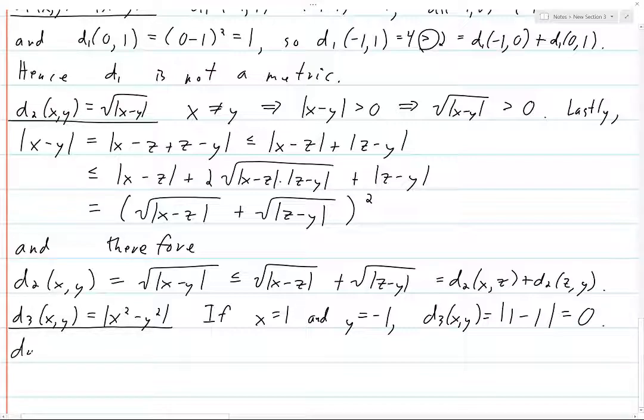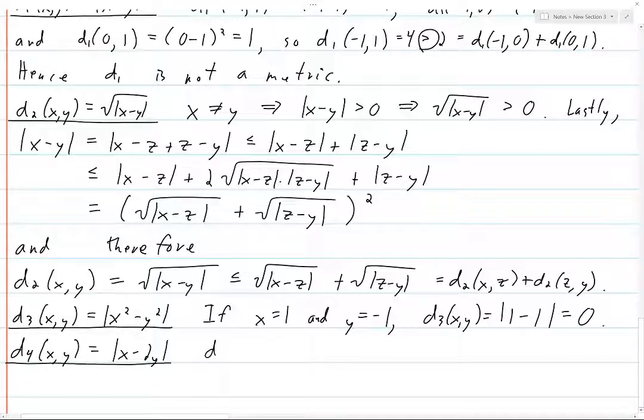Okay, so that's D3. D4 of xy. Here, this is the norm of x minus 2y. And this should already, having nothing in front of x and something in front of y, should immediately set off a red flag because metrics are supposed to be symmetric in some sense. Well, literally, if you flip the x and the y, nothing should change. So seeing asymmetry in the formula should immediately set off a red flag to be like, okay, there's something not quite right here.